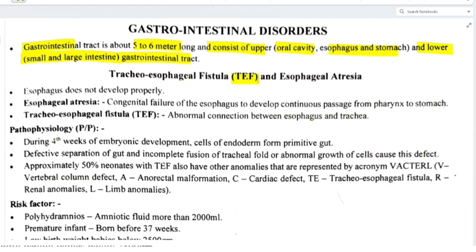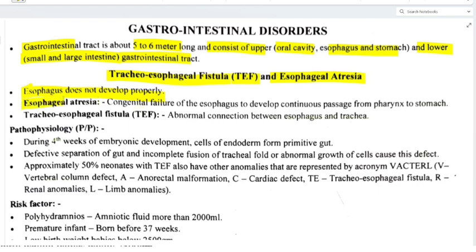What is TEF? That is Tracheoesophageal Fistula and Esophageal Atresia. So let's see. What is meant by esophageal atresia and tracheoesophageal fistula? In both cases, the esophagus does not develop properly.